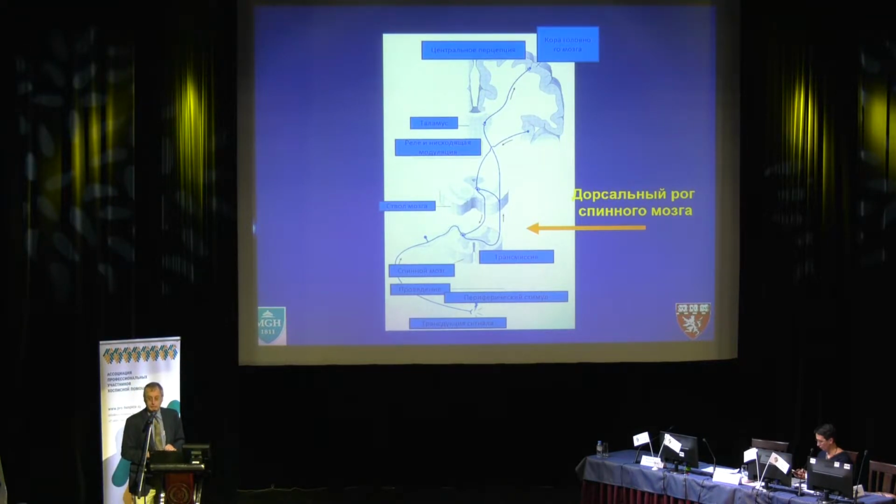And one of the key locations involved in pain syndromes is this synapse of the first and second order sensory neurons in the dorsal horn of the spinal cord. And this is where neuroplasticity manifests itself.